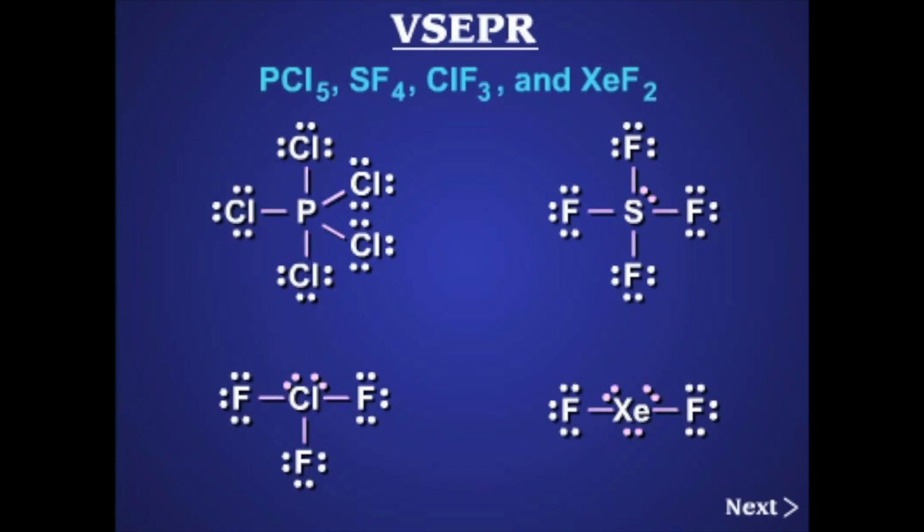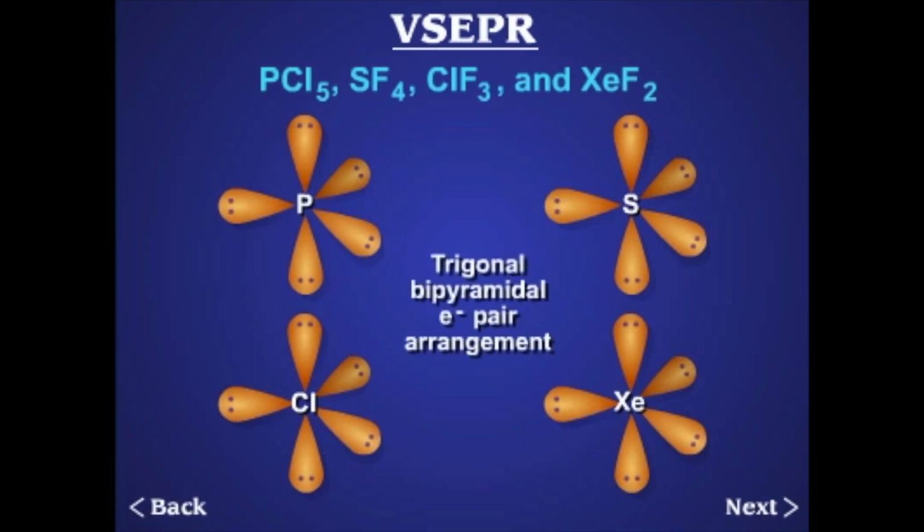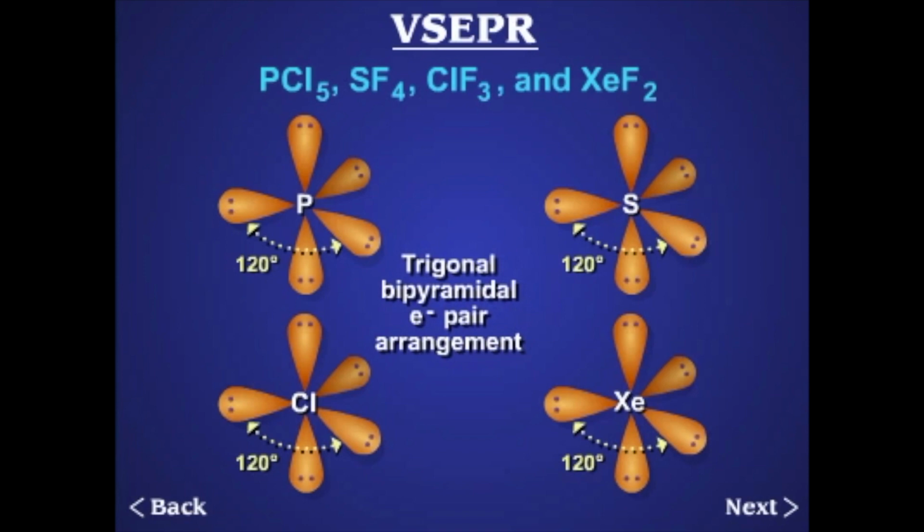Don't forget to count lone pairs. The electron pair arrangement that minimizes repulsion for 5 pairs of electrons is trigonal bipyramidal. The angle between electron pairs in the equatorial plane is 120 degrees. The angle between an axial electron pair and an equatorial pair is 90 degrees.